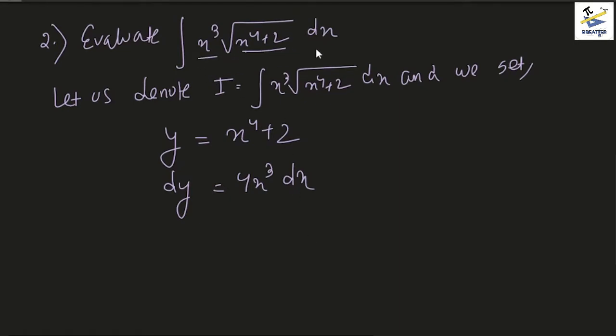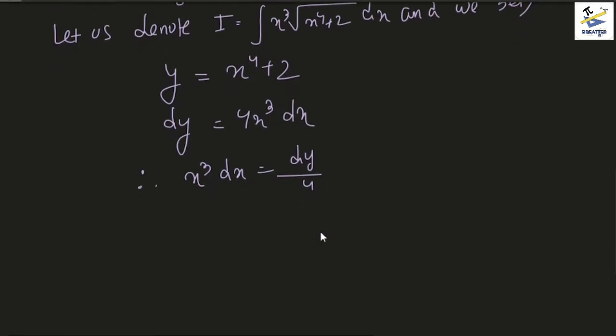And we want the value for x cube dx here in terms of y, so therefore x cube dx is just dy by 4.